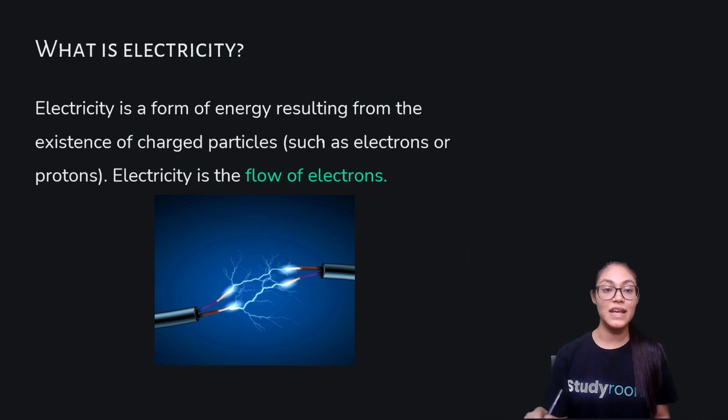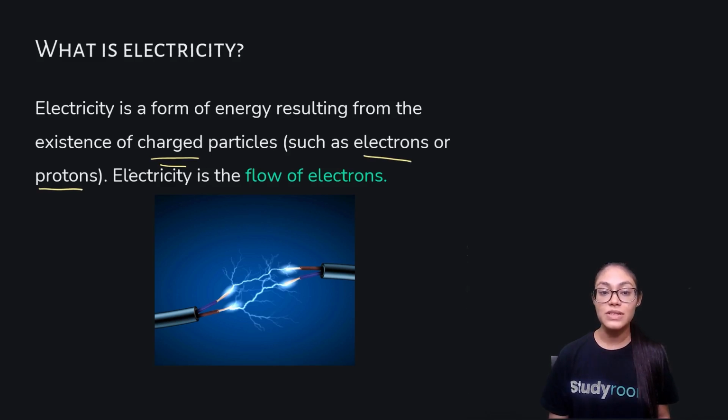Now, what is electricity? Electricity is a form of energy resulting from the existence of charged particles, which is very important. It is because of these charged particles that electricity is conducted. Now, what are these charged particles? These charged particles are electrons or protons.